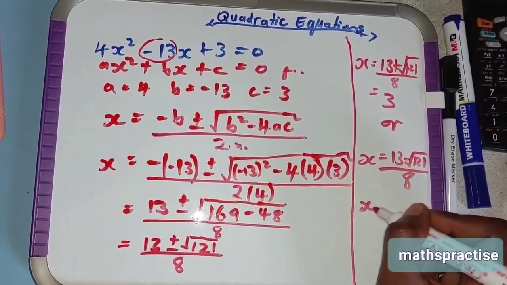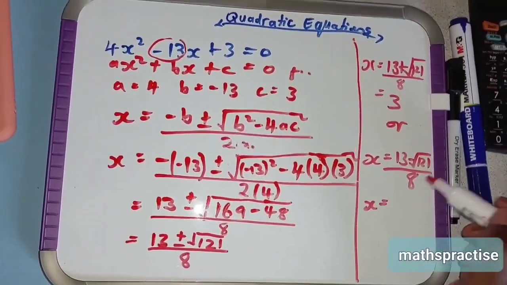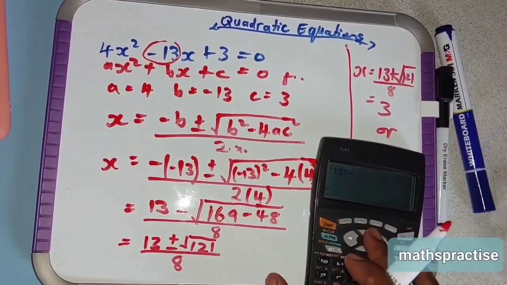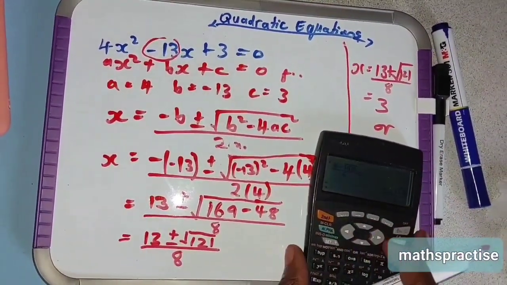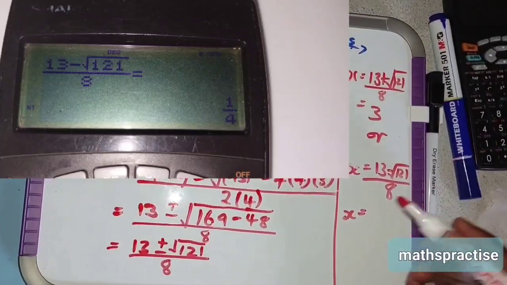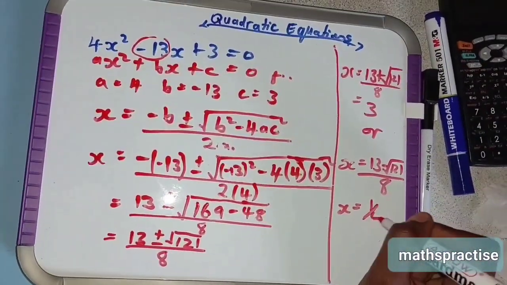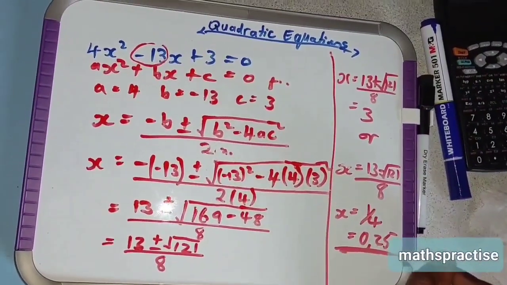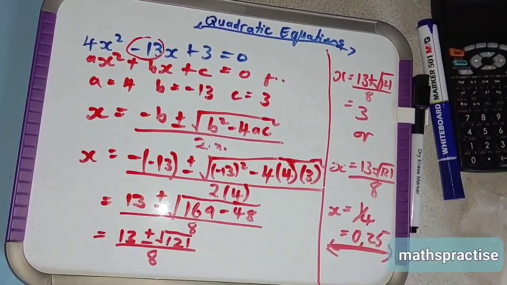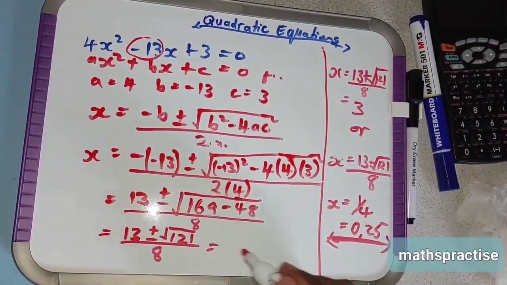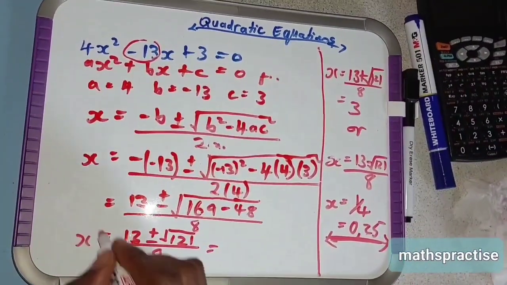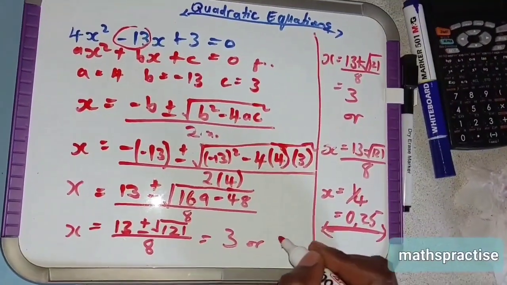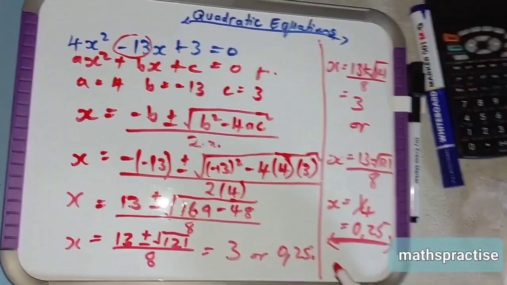So x is equal to, we punch it on the calculator again, we get 1 over 4, which is equal to 0.25. Okay. Now these are the two values of x. So x is either 3 or 0.25.